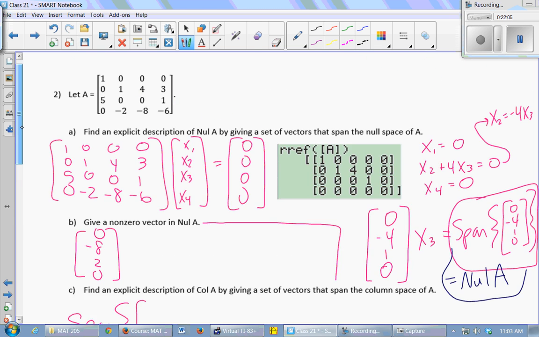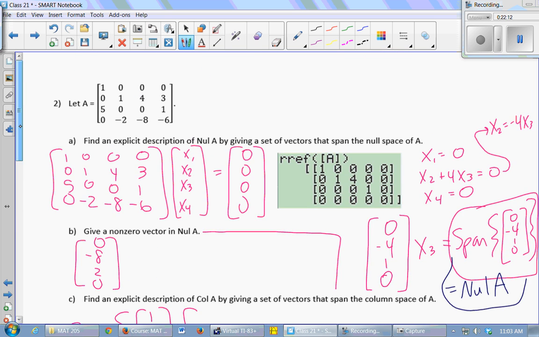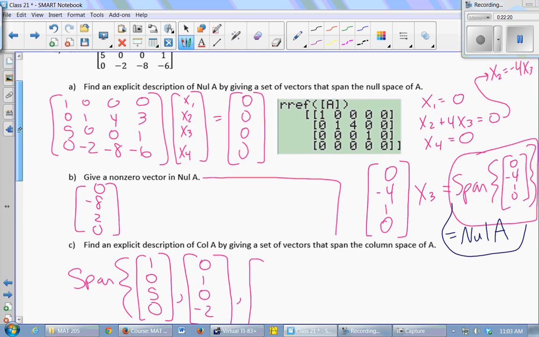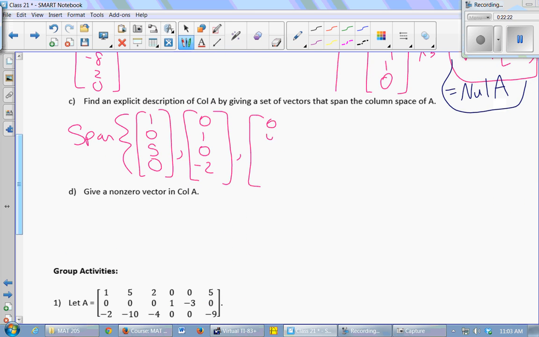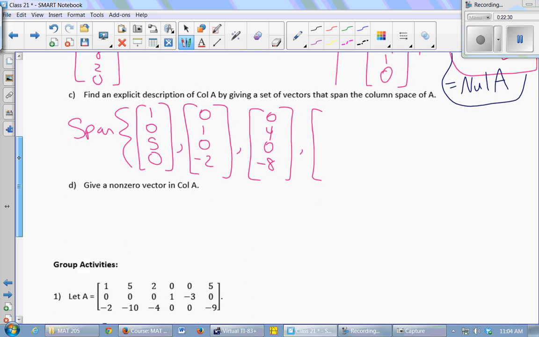And my columns are (1, 0, 5, 0), (0, 1, 0, -2), (0, 4, 0, -8), and (0, 3, 1, -6).